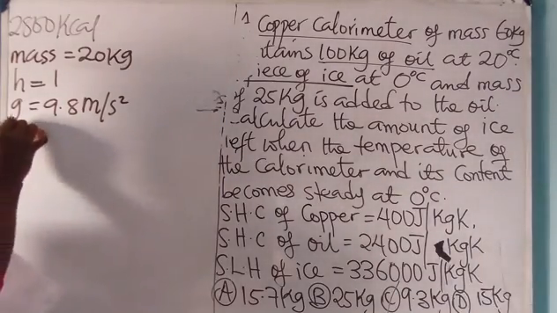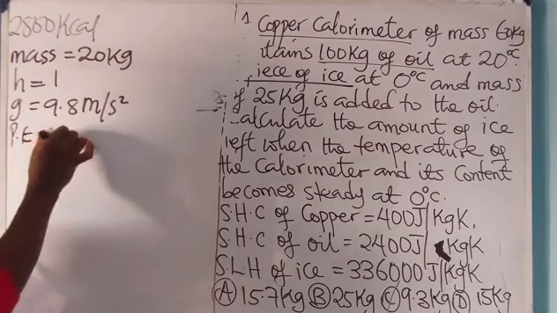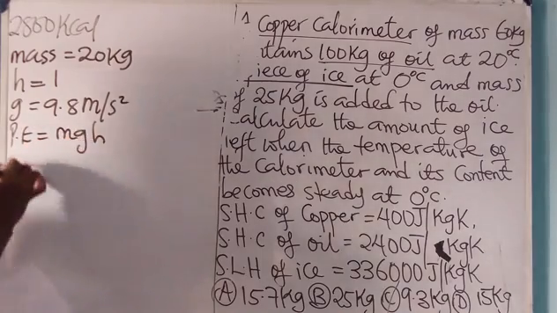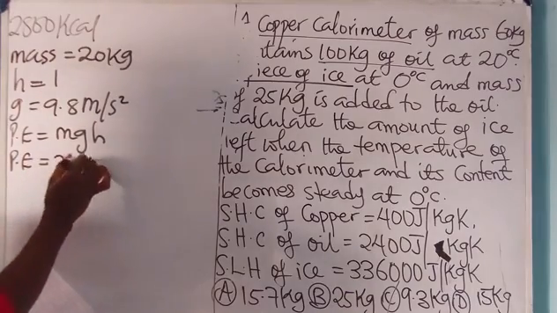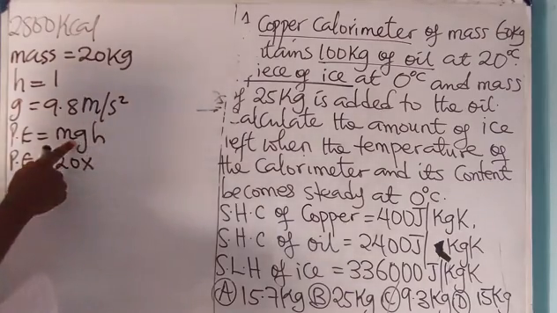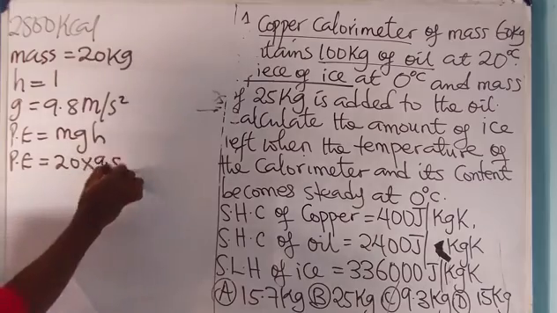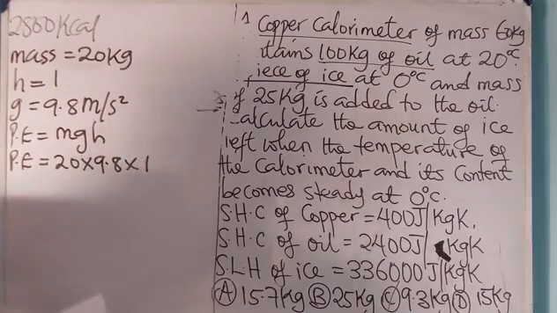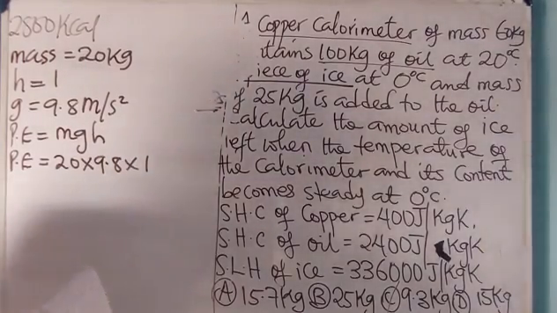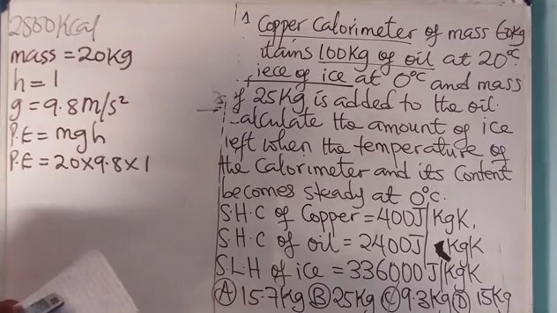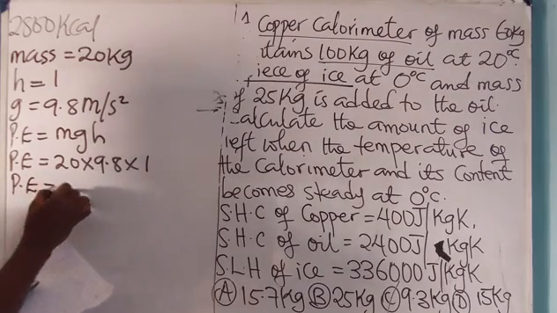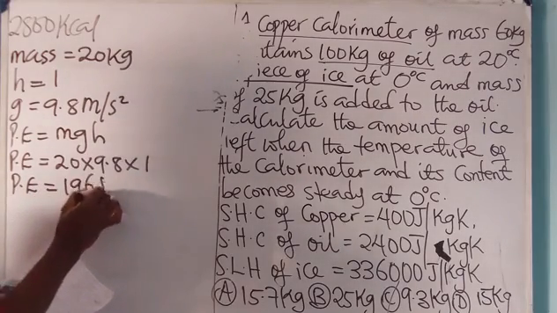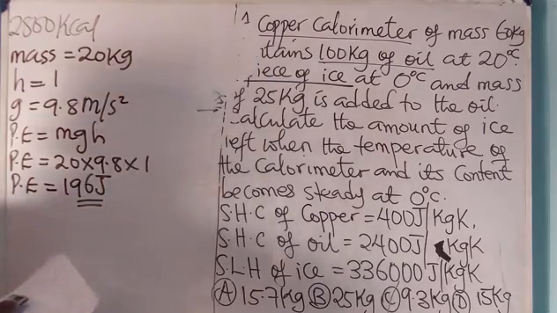So from our potential energy, we have PE equals mgh. Mass given is 20. Acceleration due to gravity given is 9.8. Then times 1. So I have 20 times 9.8 equals, I have the PE to be 196 joules.